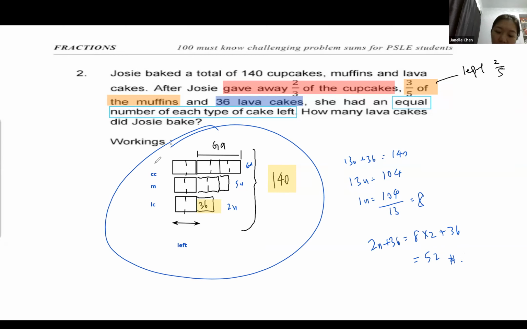This one actually I would suggest that you do a model. If not, another method of doing it will be to use units in algebra. But because there are P4 students in the class, for the start I am not doing algebra yet. I will be using mainly models.